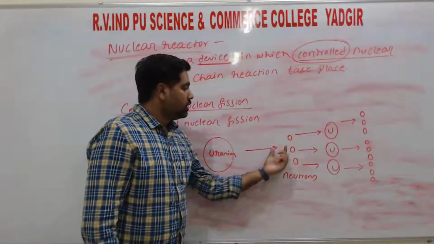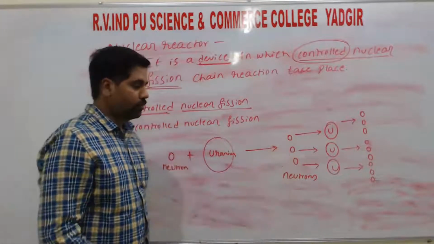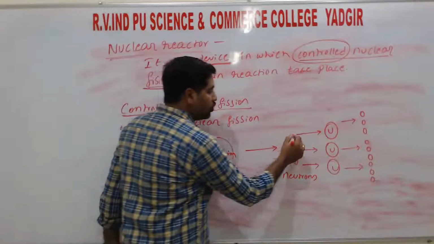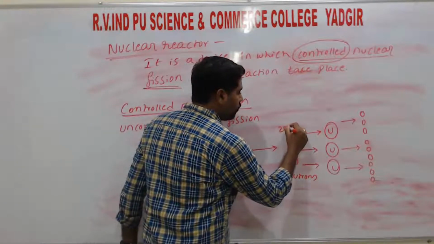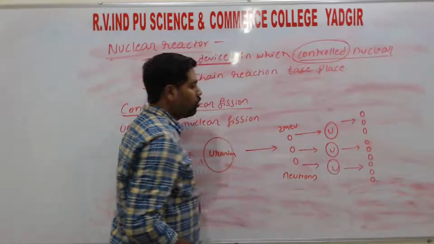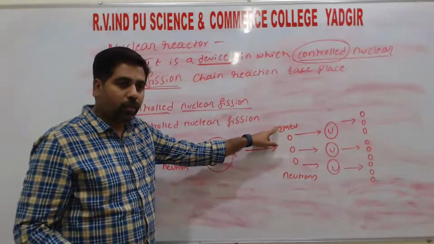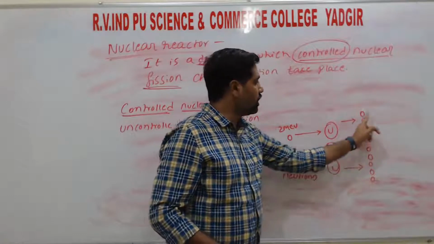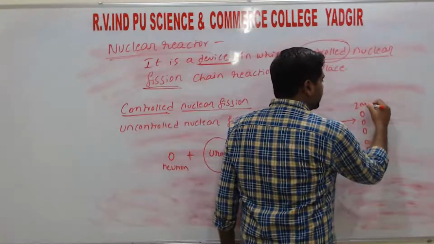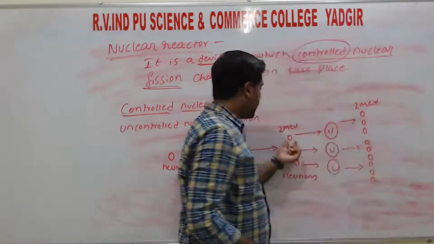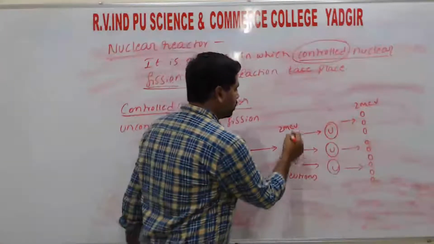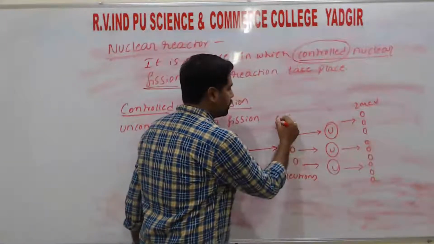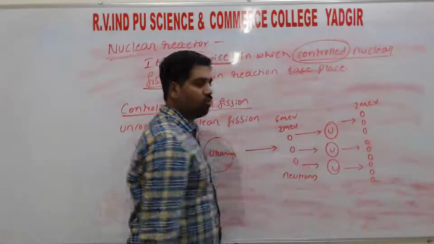Once these neutrons are released, each neutron has an energy of almost 2 mega electron volt. As this chain reaction continues, the energy goes on increasing. Here we have 1, 2, 3 neutrons, so the total energy released is 6 mega electron volt.